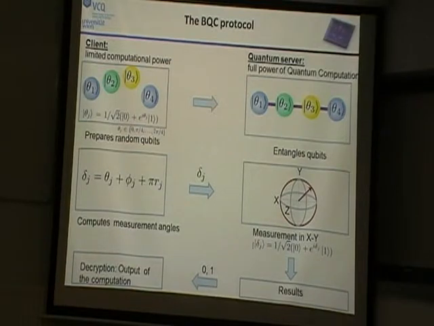He gets the order in which to measure, because the client knows the phases for each qubit. So he says, I know a phase, I know the rotation I'd like to do. I also add this kind of bit flip, that's important for error correction when you have this kind of cluster. So he makes the measurement here, and the measurement actually makes the circuit, the computation the client wants, but this guy has no idea what he's doing. He gets results and sends them back to the client.